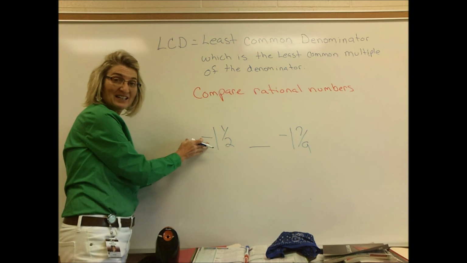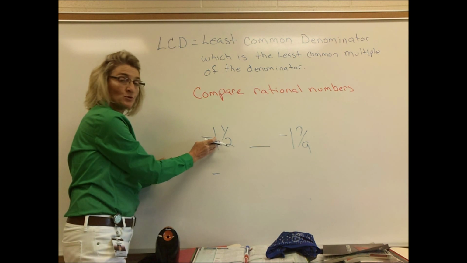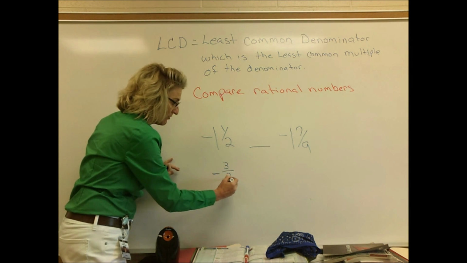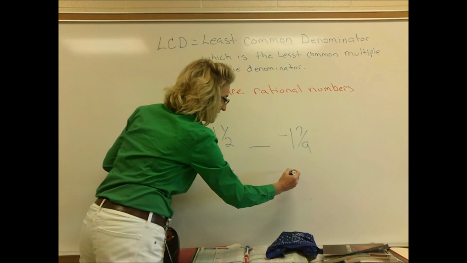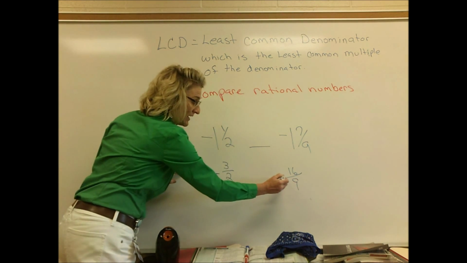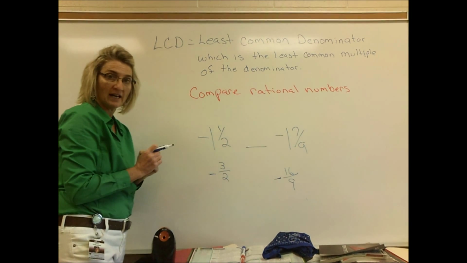So, it's a negative number, it's going to stay a negative number. 2 times 1 is 2, plus 1, that's negative 3/2. 9 times 1 is 9, plus 7 is 16/9. And it's still negative. So now I have negative 3/2, negative 16/9.